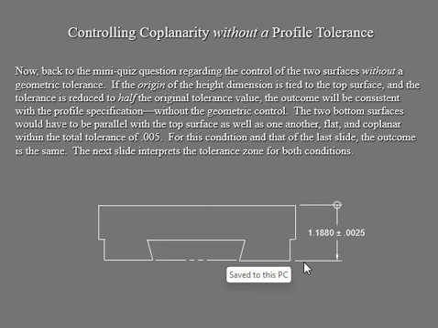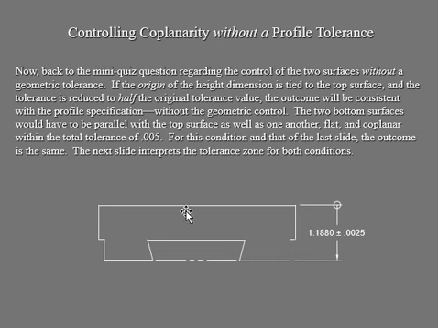Okay, now we're going to deal with the two surfaces without your geometric tolerance. So in that case, if the origin of that height dimension is going to tie to the top surface, then your tolerance is reduced by half, the same thing. And the outcome is going to be about the same as your profile specification, because we don't have that geometric tolerance.